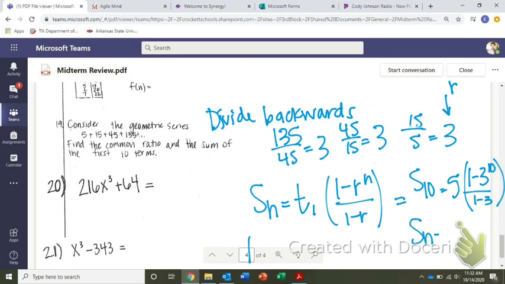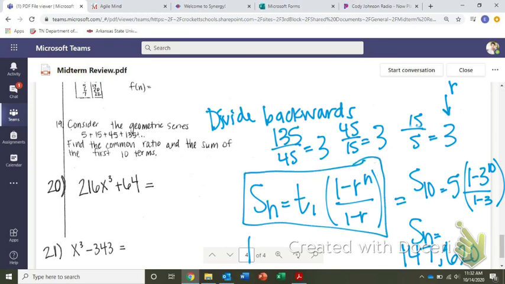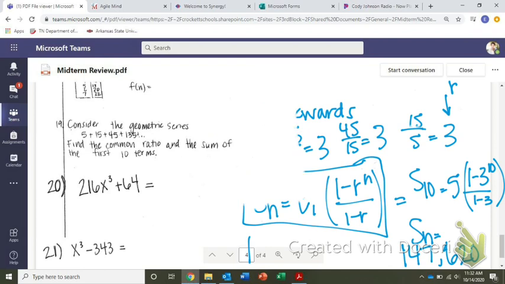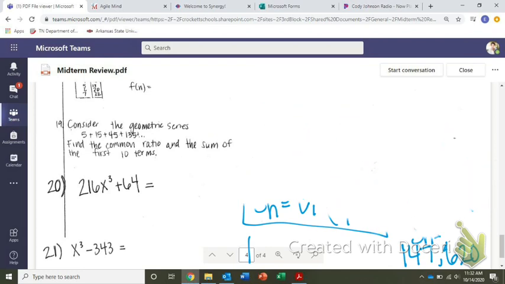If you type that in and you type it in correctly, you get 147,620. Gotta know this formula, guys. Okay? Now, the last two are what we did yesterday in class.